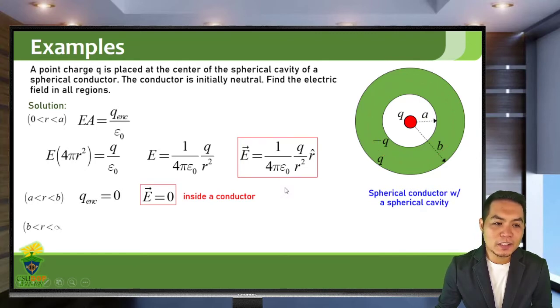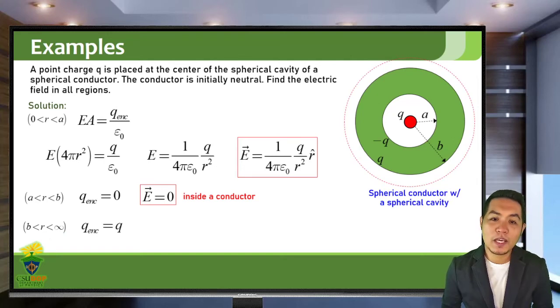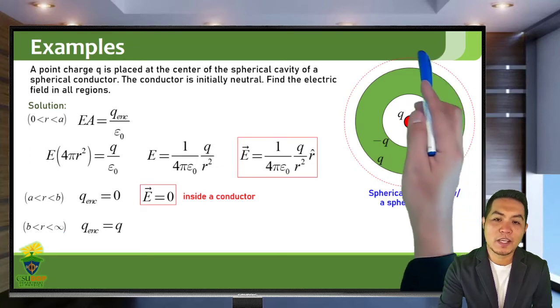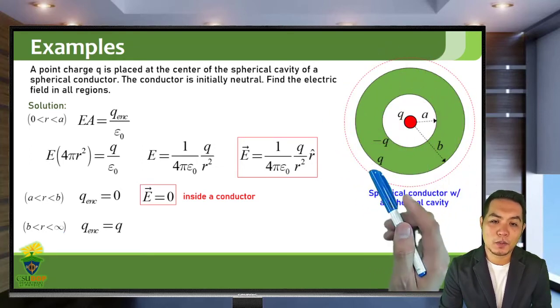For the electric field outside, r is from B to positive infinity. The charge enclosed here will be Q. So this is your Gaussian surface. We make a spherical Gaussian surface outside our conductor.